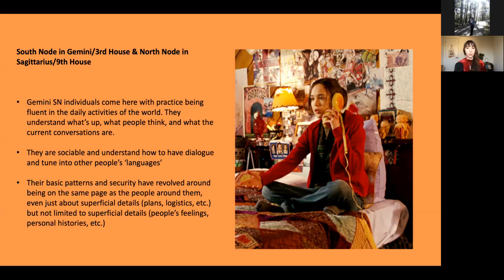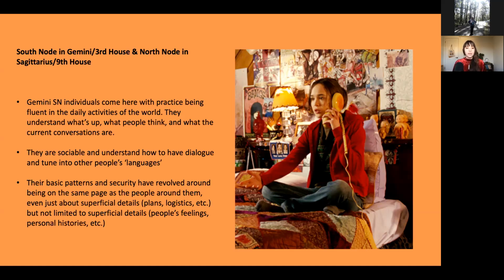They're really aware of what people are thinking and talking about. What are the current conversations? They're very sociable, and they understand how to have dialogue and tune into other people's languages. Speaking with a great conversationalist, it feels like you're on the same page and there's a rapport. That's a very Geminian faculty.